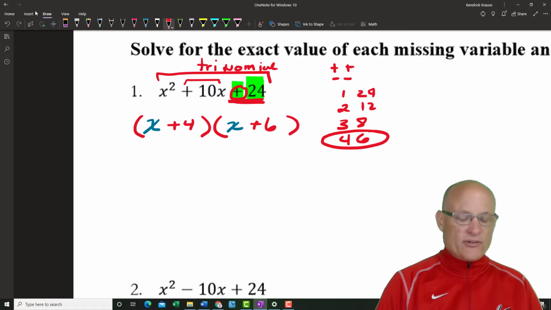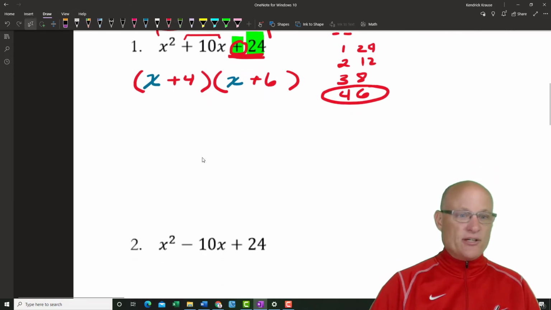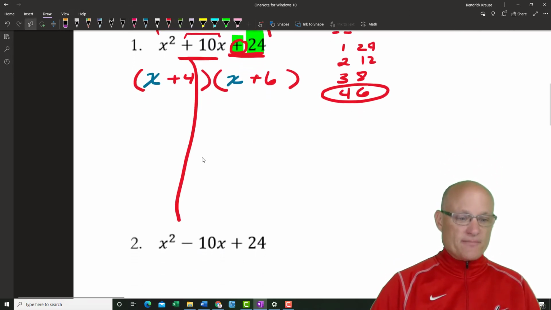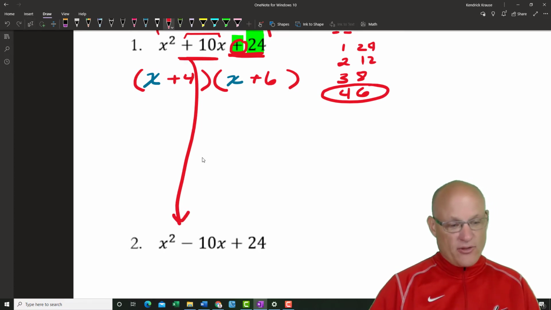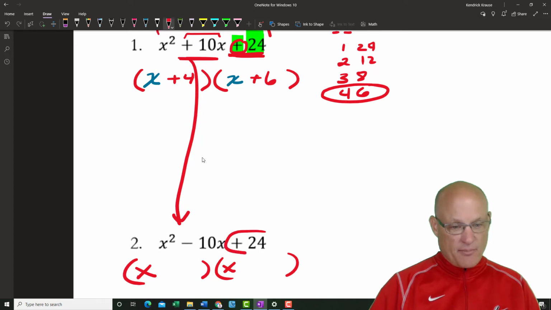Now, you'll notice that this next problem is almost exactly the same. The only difference is this is a plus 10x and this is a minus 10x. So if I was to factor this one, x and x, I need two numbers that multiply to positive 24. But when I add them up, they get negative 10.